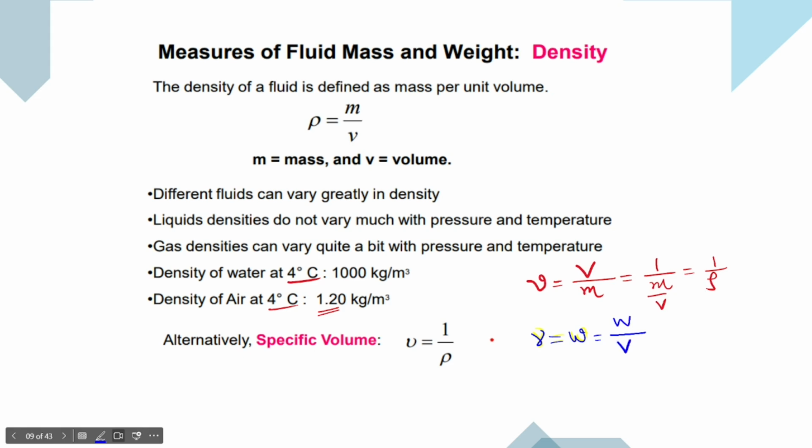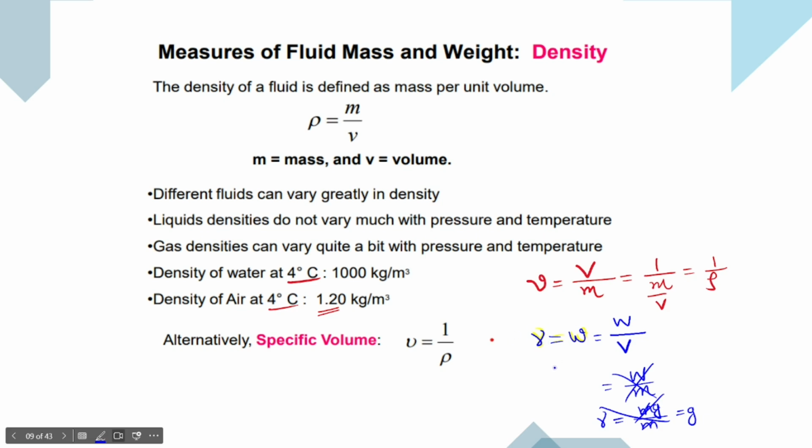It is not weight per unit mass, because if you write m in place of V, weight is mg and mass is m, so you would end up getting g. That means specific weight would be g, which is not true. So you take weight per unit volume. This is the standard definition of specific weight.